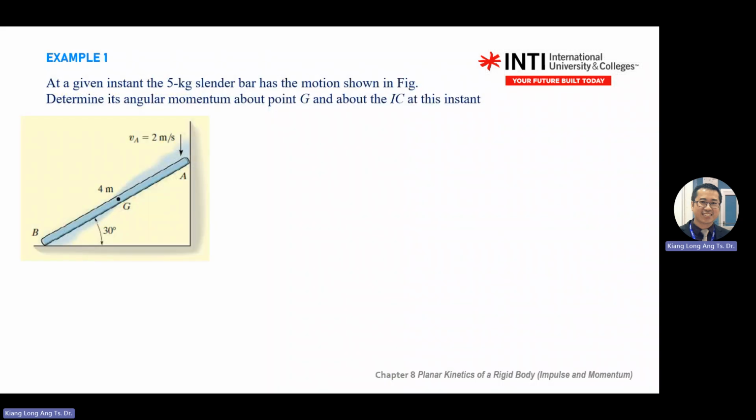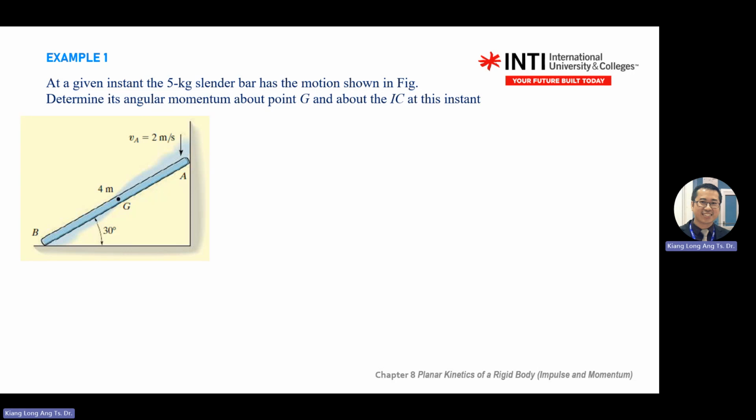Okay, so it's the same. So let's look at this example. You have a rod there, and point A is moving down straight at 2 meters per second. And there's a starting angle of 30 degrees at B. And you are given the center of mass at the center.